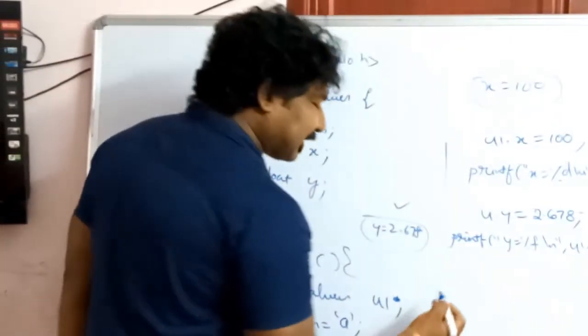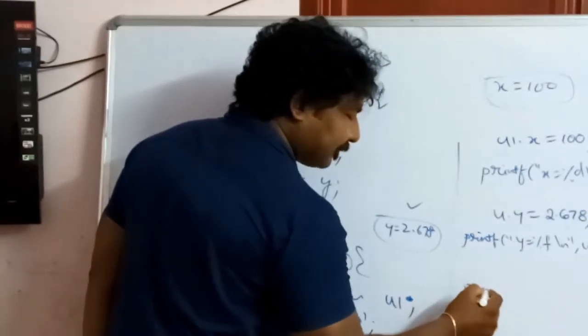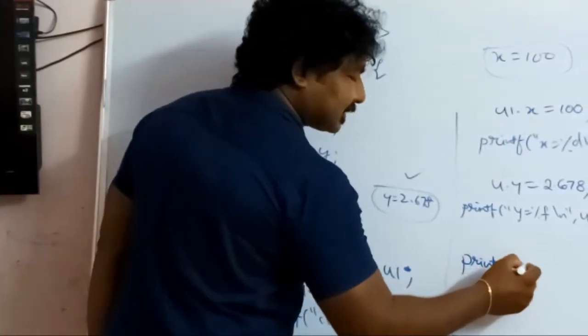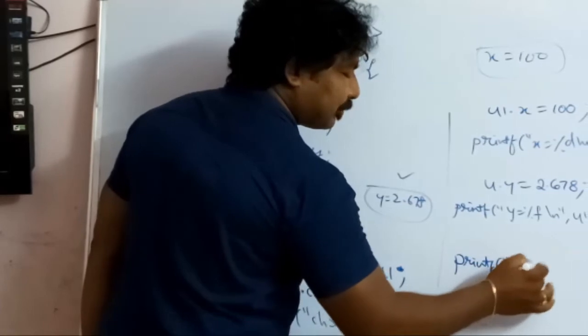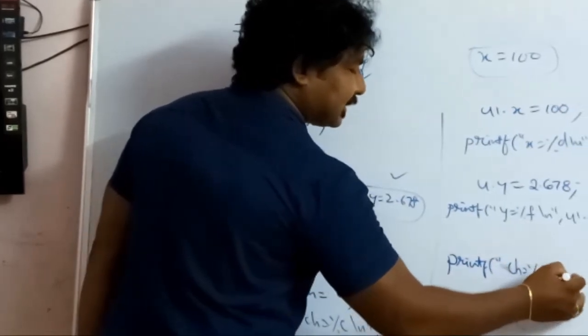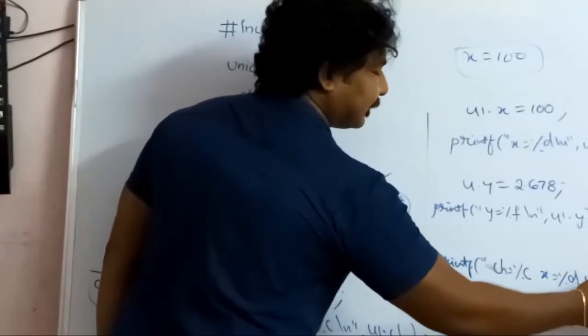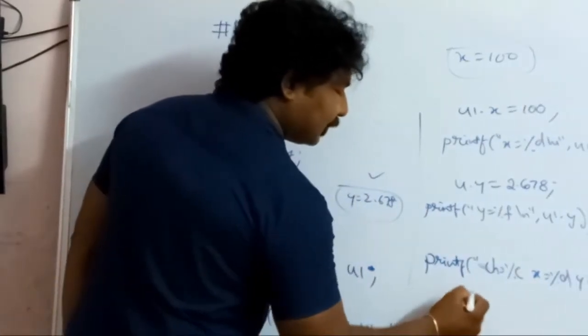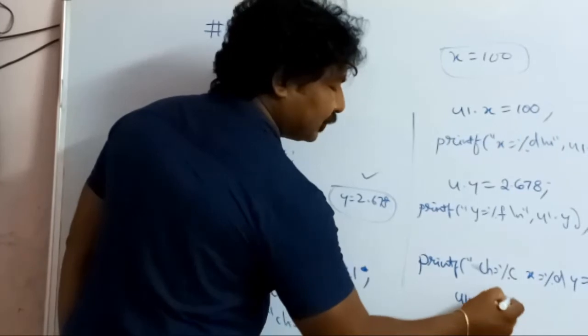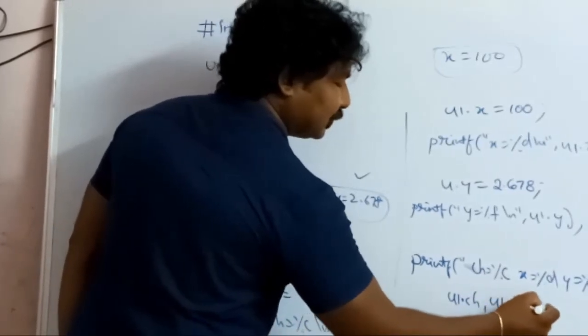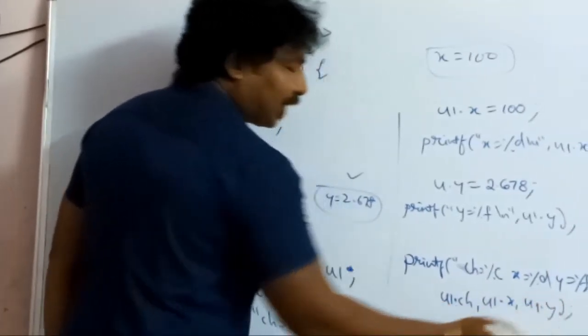What happens if I try to do this? printf("ch is equal to %c, x equals to %d, y equals to %f", u1.ch, u1.x, u1.y).